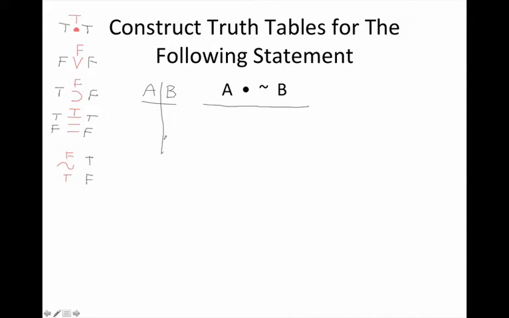What you do need to remember, though, is the formula for determining how many rows or lines your truth table is going to have. So the number of lines or rows in the truth table is 2 to the number of simple statements. And so you have here 2 simple statements, so 4 rows.